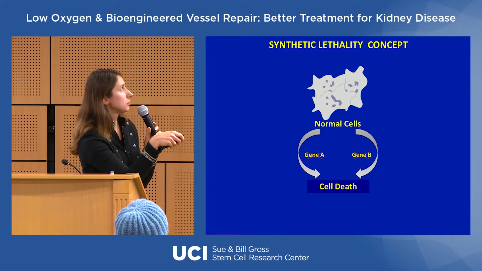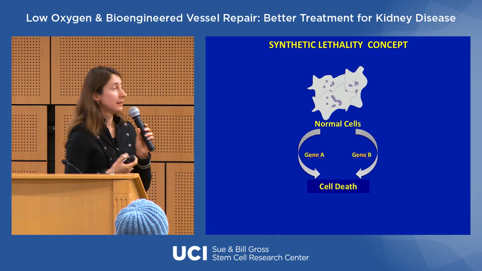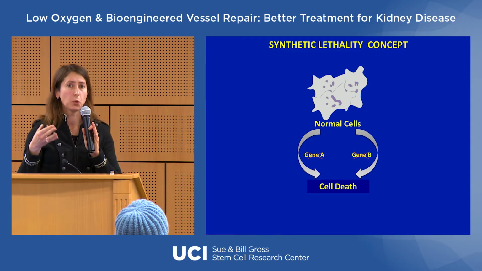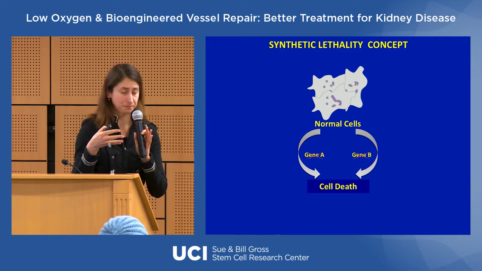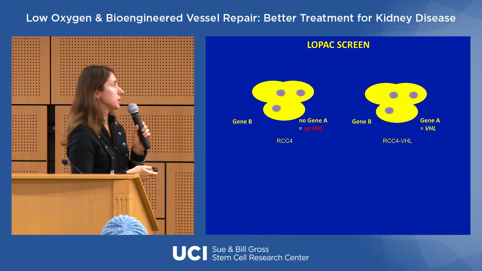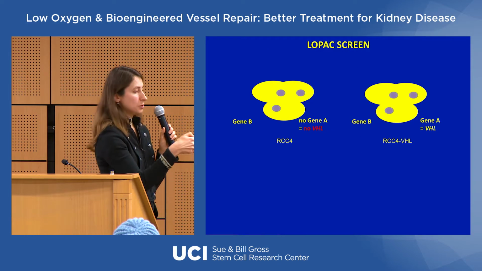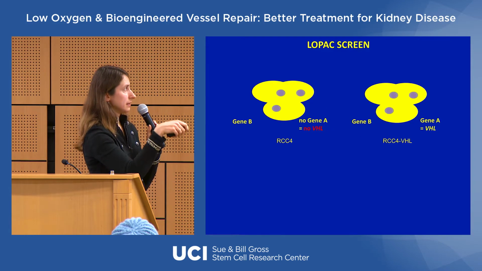This concept is called synthetic lethality. Cells die when two genes are targeted at the same time. Now, how are we going to use it for cancer? Here we have kidney cancer.